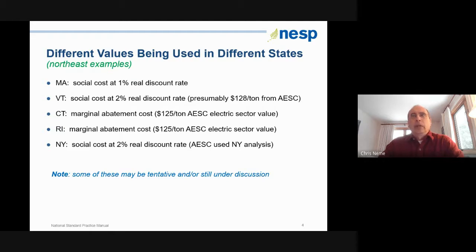And that was done based on a sense that the policies of the state should drive a focus on a lower discount rate in essence. So I don't know if that's been nailed down yet, but that appears to be where the Massachusetts utilities are headed.